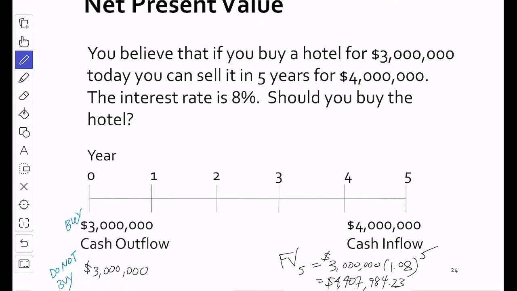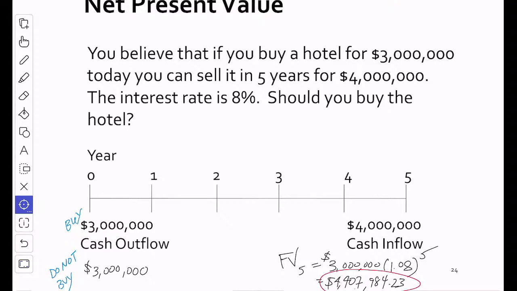So which one is better? Clearly, this is better, right? Do not buy. So that's one way to find the answer to the question. You shouldn't buy because you make more if you invested the 3 million to get 8%, because that's your prevailing interest rate.